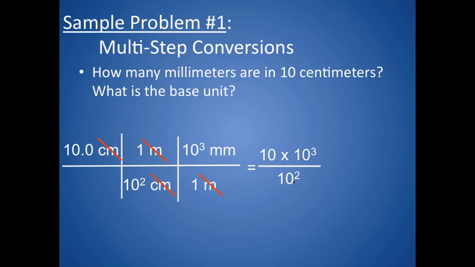You subtract the exponents and get 10 to the second millimeters. Notice the jumping-off unit, this last one, becomes our unit in the answer. So 2-step conversions, again, are when you're going between 2 units that maybe don't have a common link, or can't go straight to one or the other.